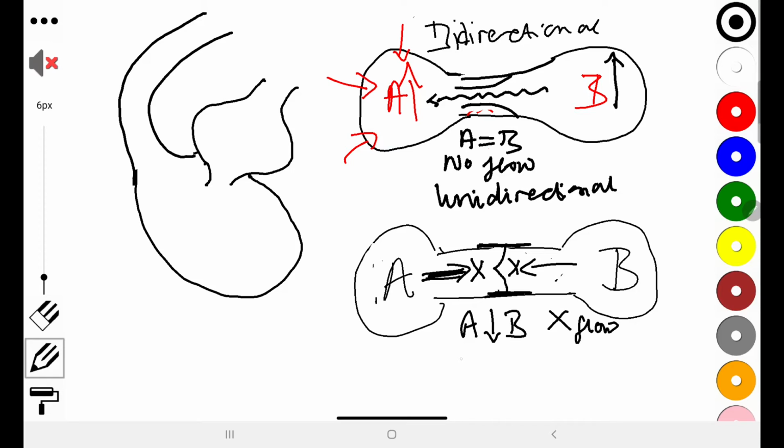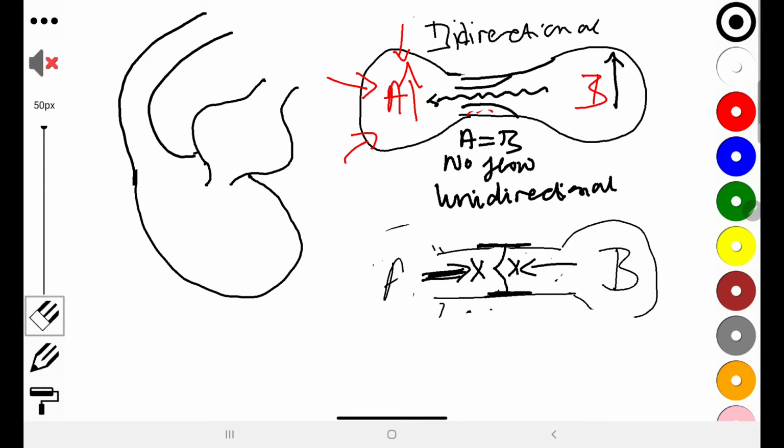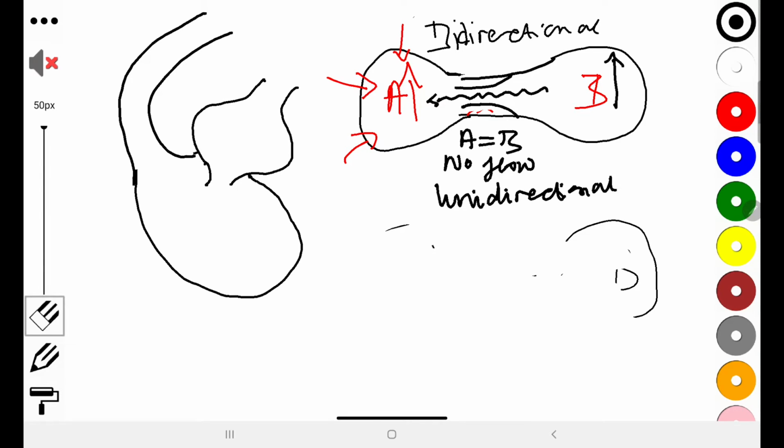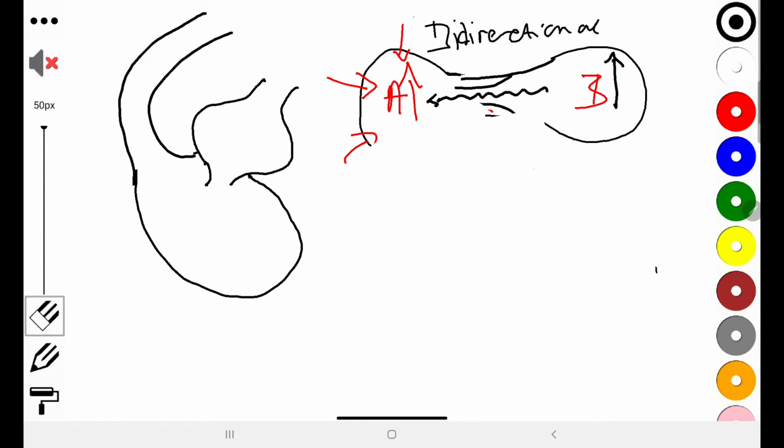But once pressure in A is more than that in B, then you're going to have some flow happening. So this is very similar to what happens in the heart. Okay, so having explained that, we just want to look at a few things that happen.